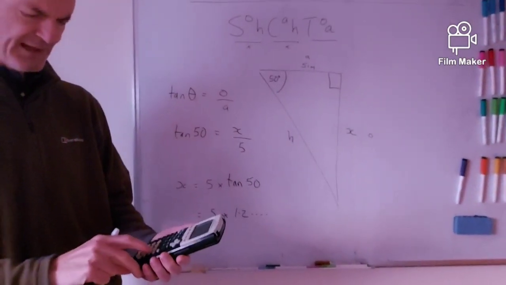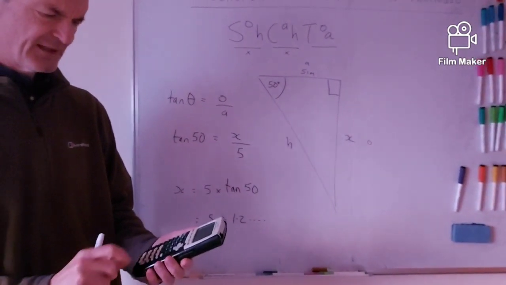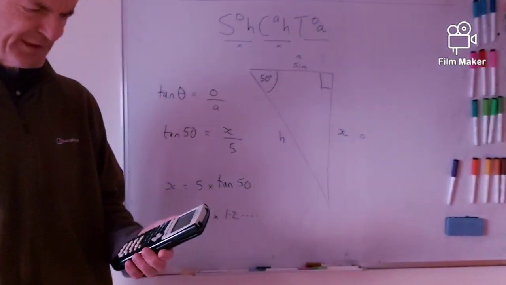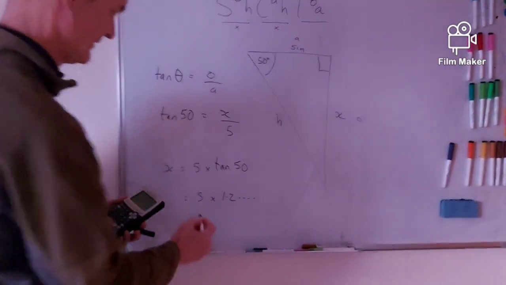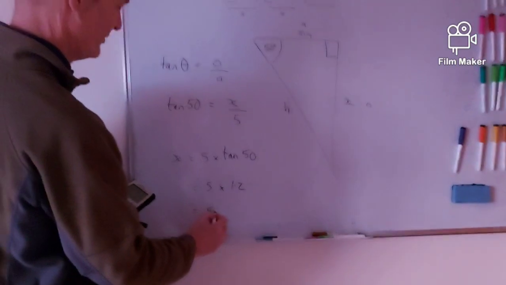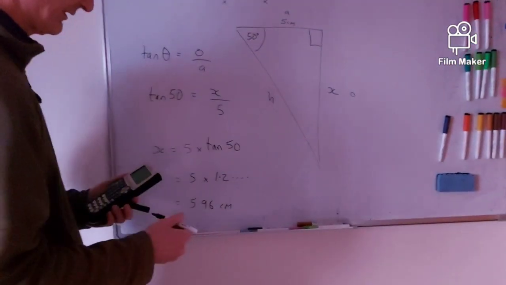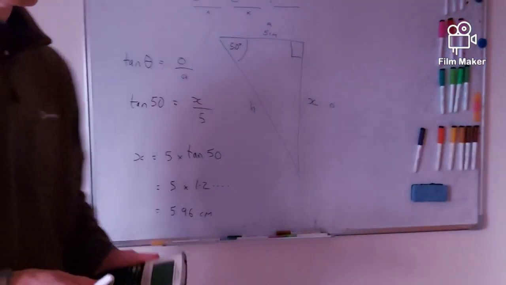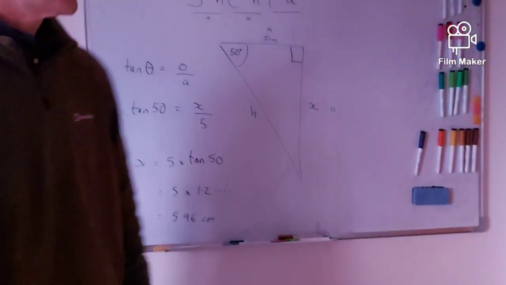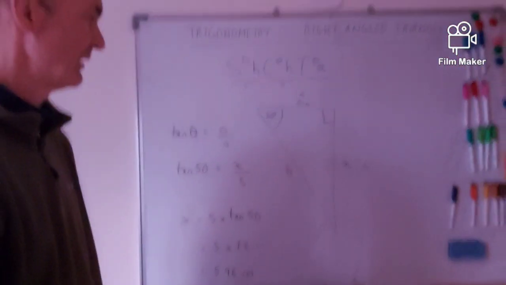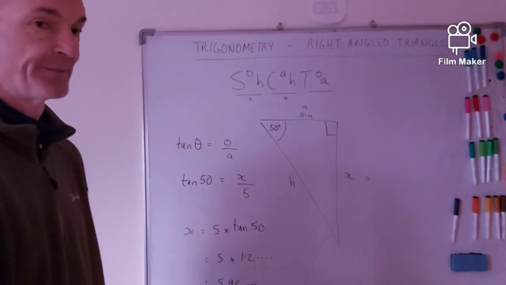So I'm going to multiply that by 5, and I'm going to get 5.958. Let's say 5.96 centimetres. Okay, so there's another example for you of using the formula.